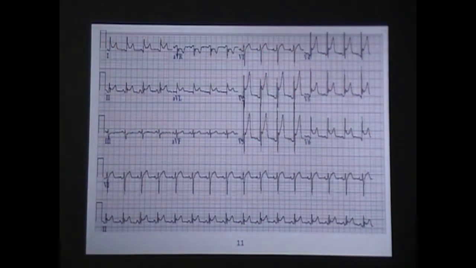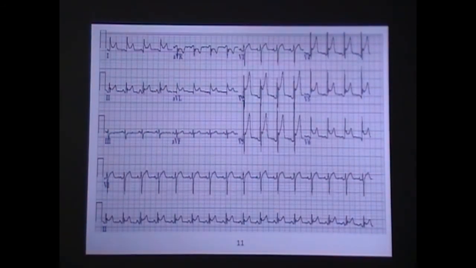Yeah, probably, because that J point's probably right there. I also have V2. I have AVL, maybe. No, probably not. But then I have no reciprocal changes.